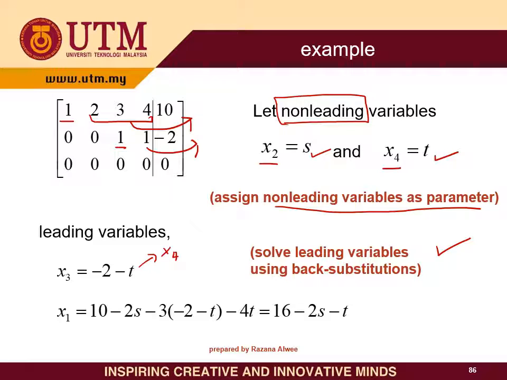So 10 minus 2s, where s is our x2, minus 3 times x3. x3 is this one, so x2 is s, minus 3 times (-2 minus t), minus 4 times t, equals 16 minus 2s and t as a solution.